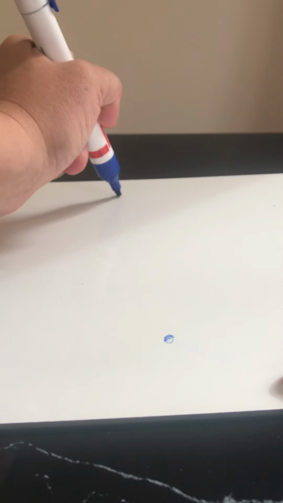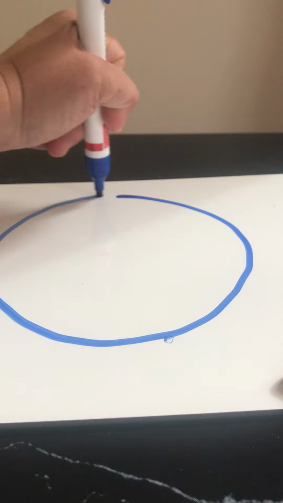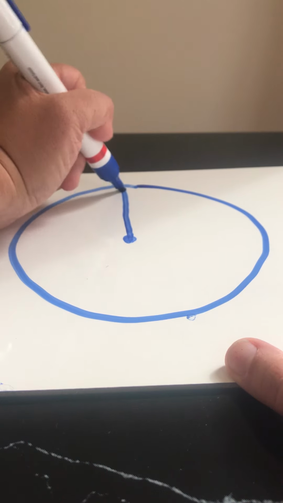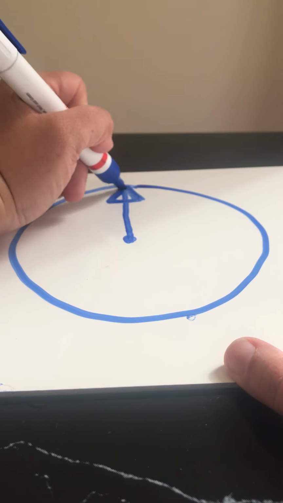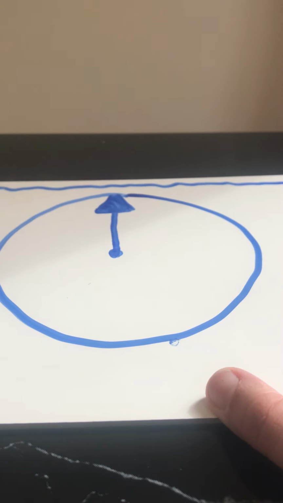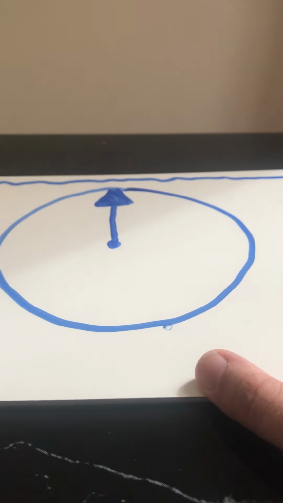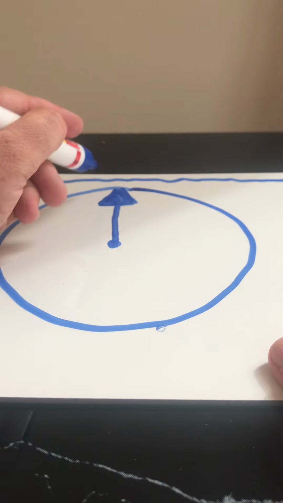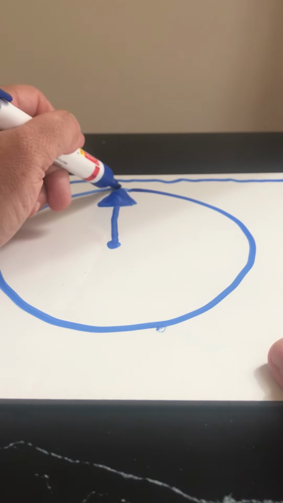So, draw my circle again. And that's quite good. And say I'm still looking out at the sea over here. Ooh, there it is. Lovely view. Now, full turn, I'm going to go all the way around to end up right back where I started.